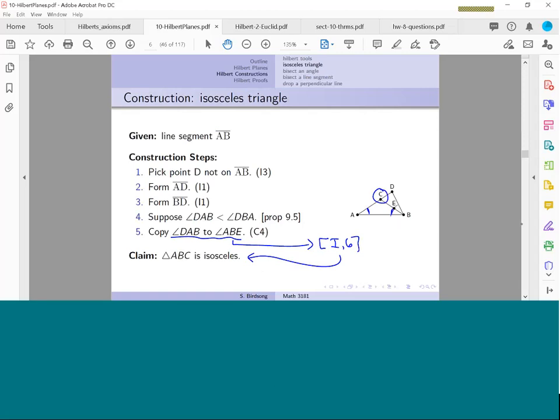All right, so just as a reminder, details here, you've got our picture. The picture is just an illustrative diagram in our standard model on R2. The actual main construction parts are all of those steps. And don't forget the Hilbert axioms, because those are the things that make this work in any model that's a Hilbert plane.